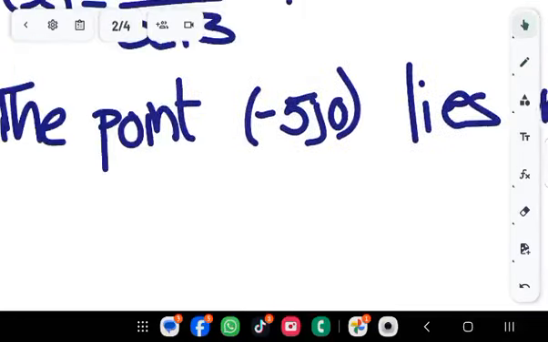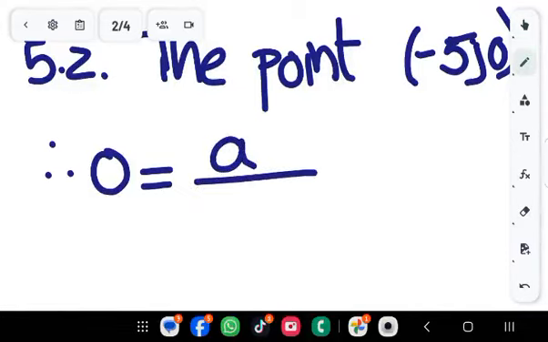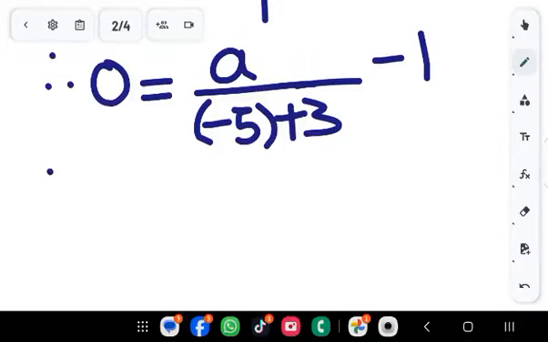Therefore we substitute this point: where y is, we put 0, the y-coordinate, and where x is, we put the x-coordinate. So that will be 0 equals a over (-5 plus 3), minus 1, and we simplify.